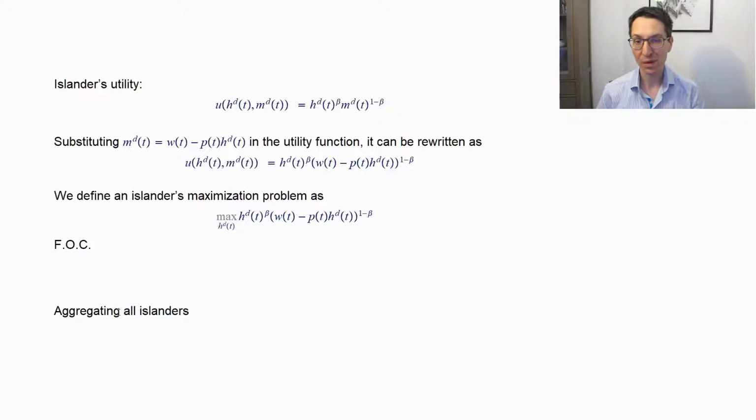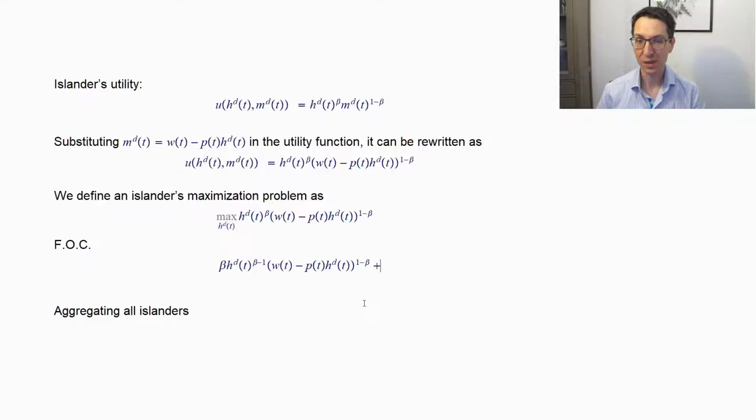If we differentiate our utility with respect to the first H^D_t to the beta, we get beta H^D_t to the beta minus 1, which multiplies the parenthesis to the 1 minus beta.